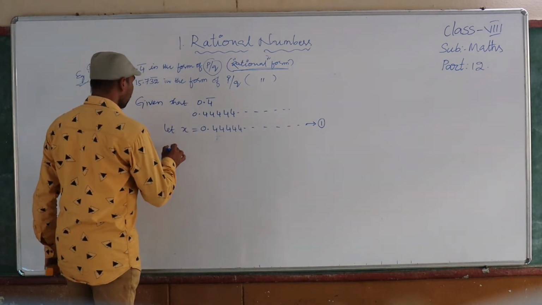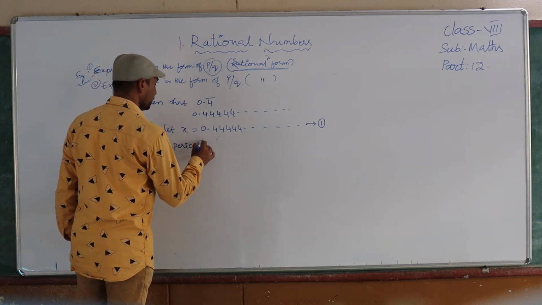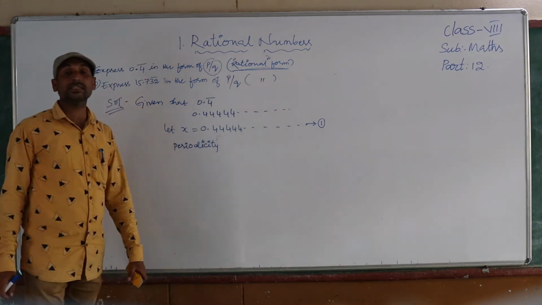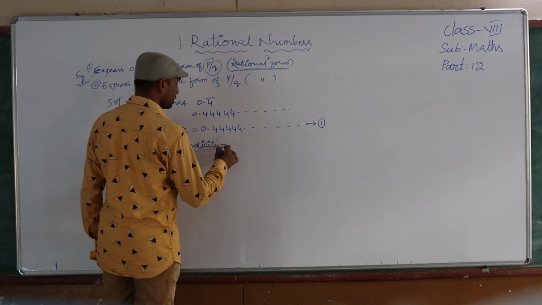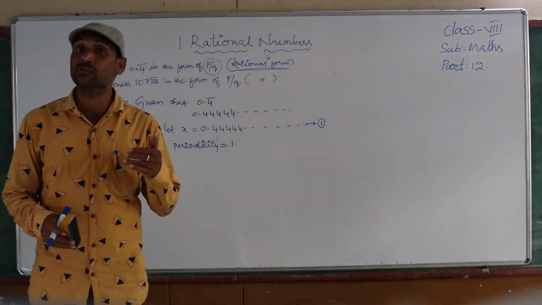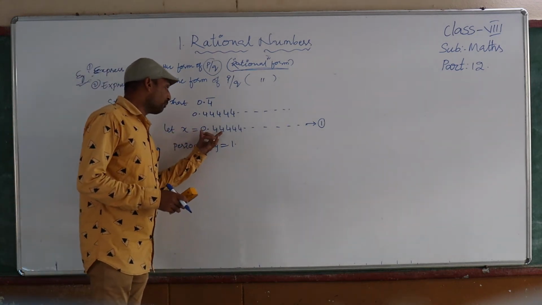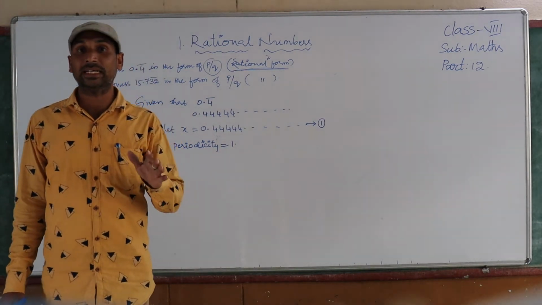Then comes the periodicity. Under the bar, how many digits are there? 1 digit. So the periodicity is 1. When the periodicity is 1, we have to multiply the first equation with 10.